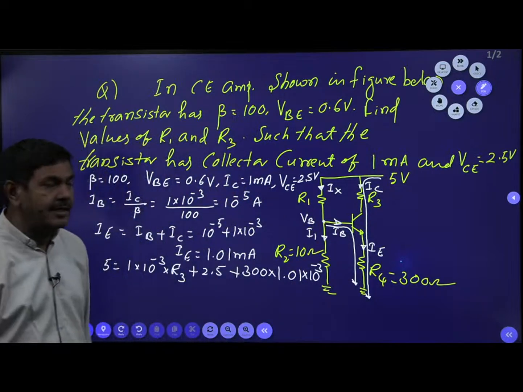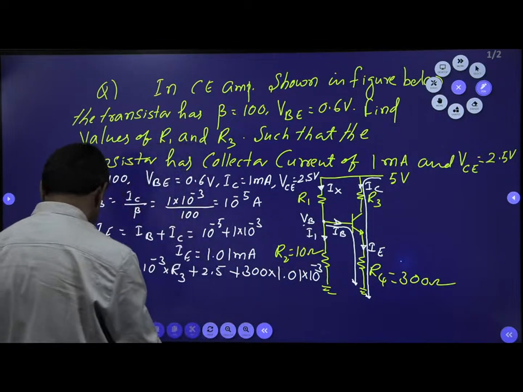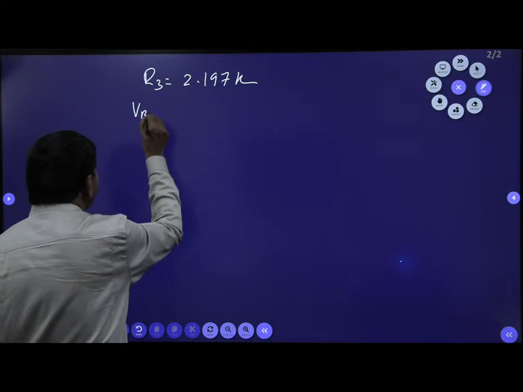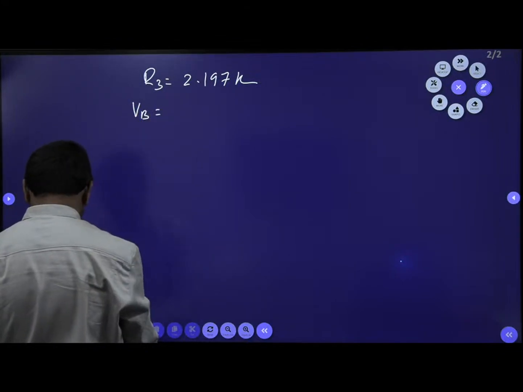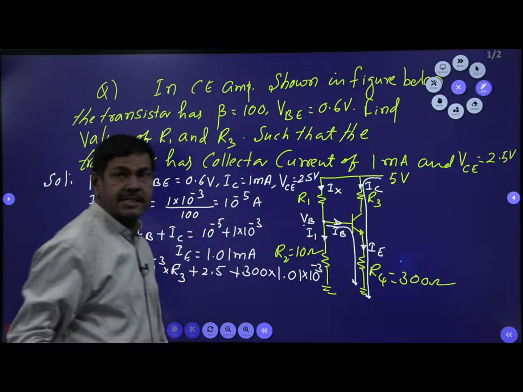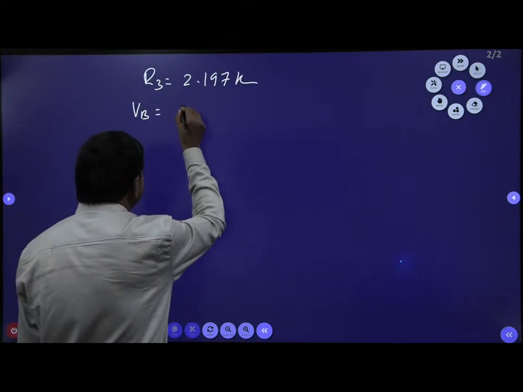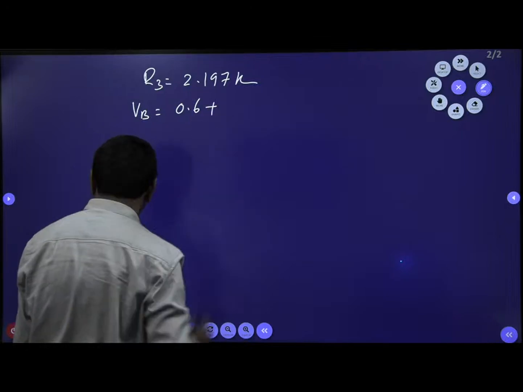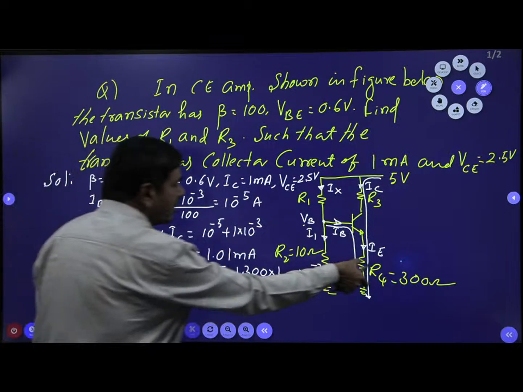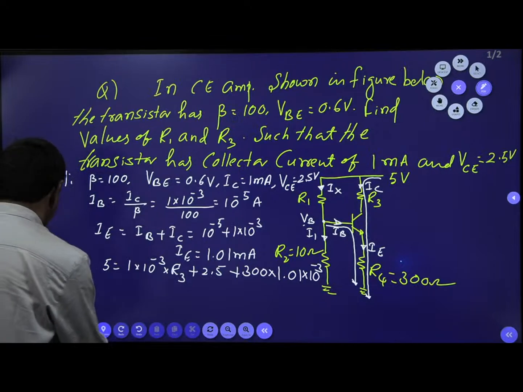VB equals the base to emitter drop, given as 0.6, plus the drop across R4, which is 300 into IE.